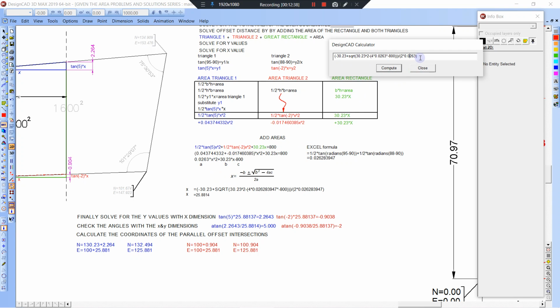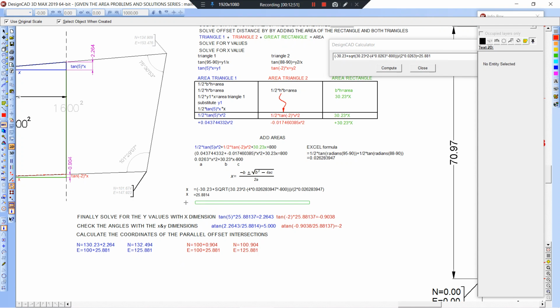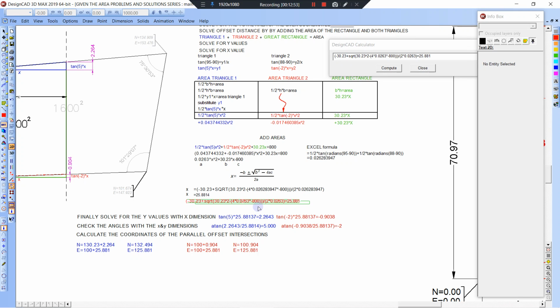It's 0.0263. That should be better. Typo. Control V equals. Just take that and paste it down here. Control C to see if it matches up with what we had. Control V, enter, and 25.881. Okay, so that worked out good.